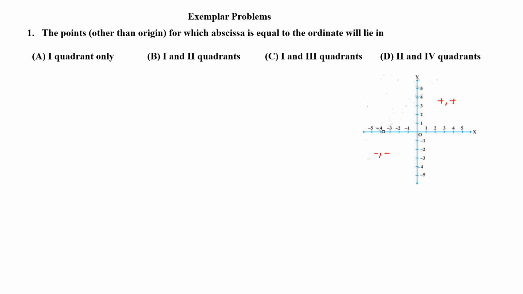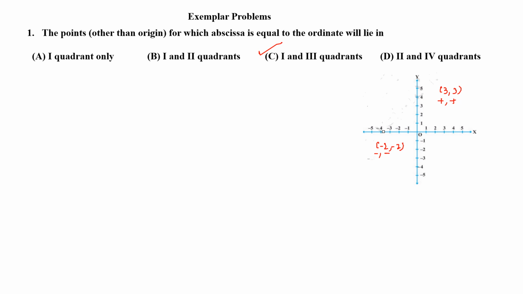So here there is a chance that abscissa and ordinate will be the same. Like if you choose 3, so 3 comma 3, x is positive, y positive. Or if you choose minus 2 comma minus 2, x is negative and y is also negative. So it is possible only in the first and third quadrant.